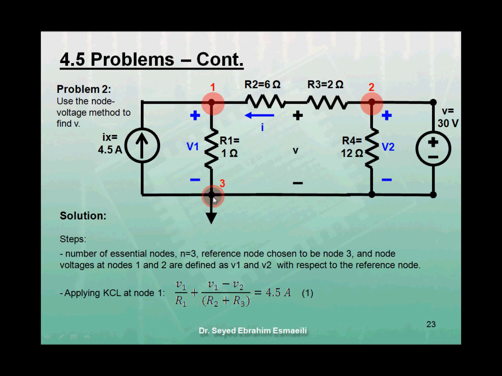Node voltages 1 and 2 are defined as V1 and V2 with respect to the reference node. By applying KCL at node 1, we get V1 over R1 plus (V1 minus V2) over (R2 plus R3) equals 4.5 amps.